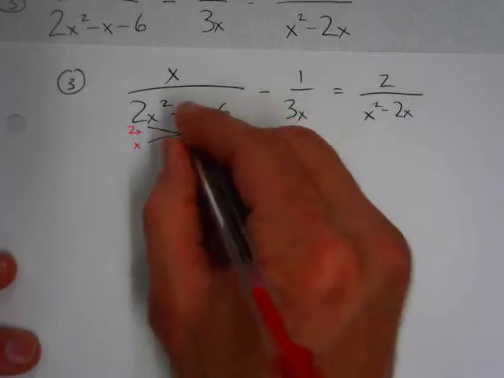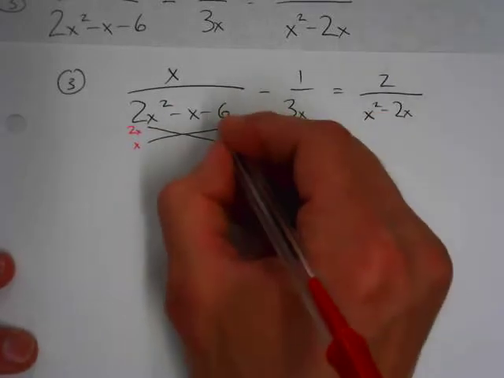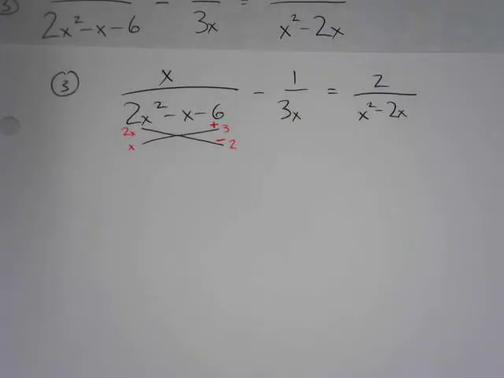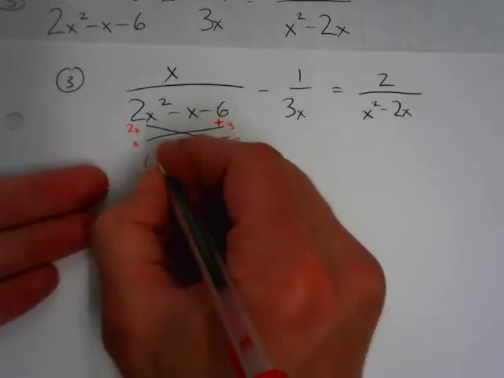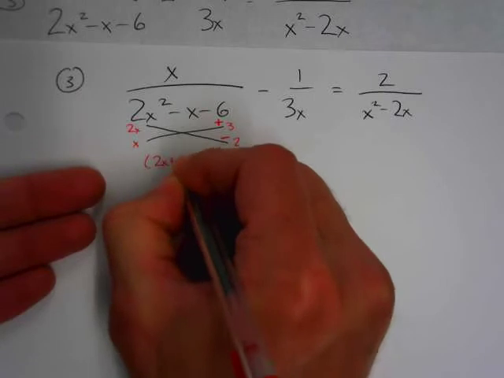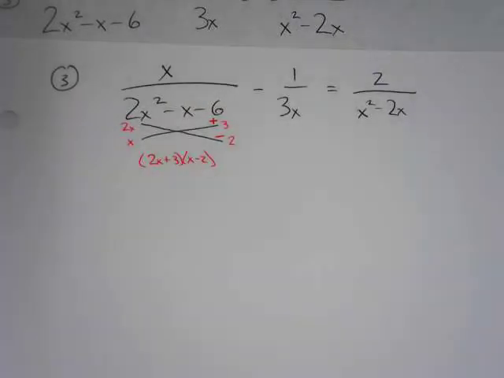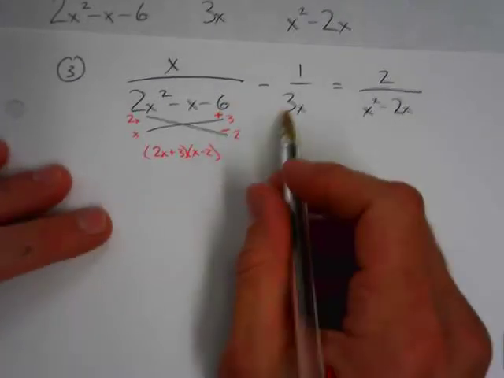The 4 is going to have to be negative, so that's a minus 2. The 3 is going to be positive, so that's a plus 3. So we have now factored our denominator: 2x plus 3, x minus 2. That denominator is factored.